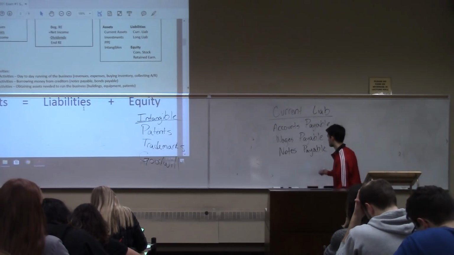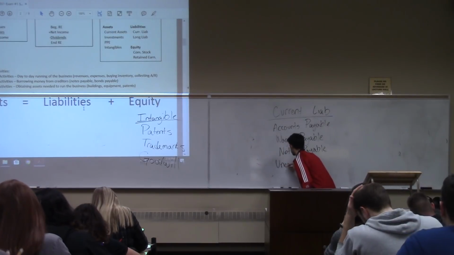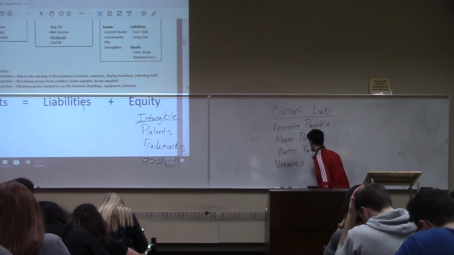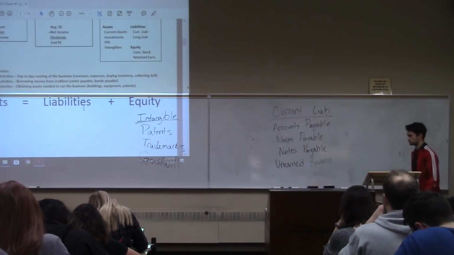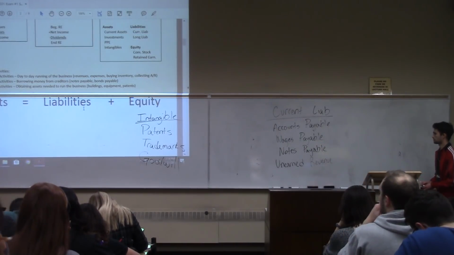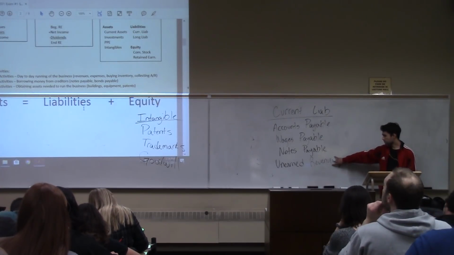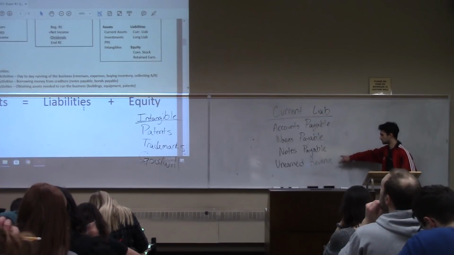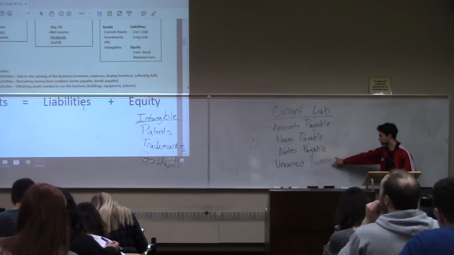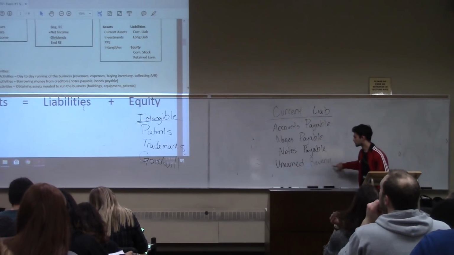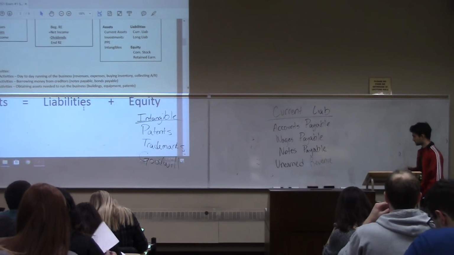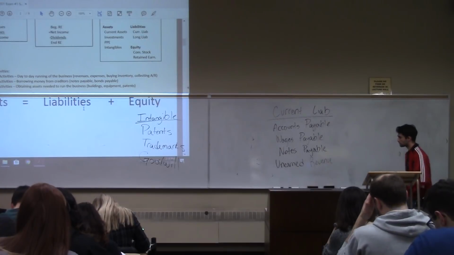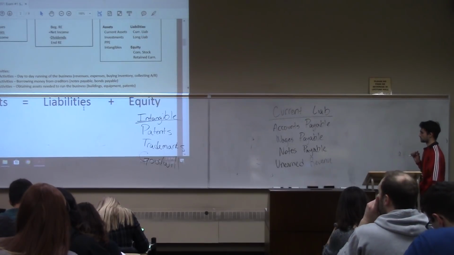We've also got this thing called unearned revenue, which is when we receive money, but we haven't provided the service to the customer. So we owe the customer a service. So even though it says revenue, it's not a revenue, it's a liability.